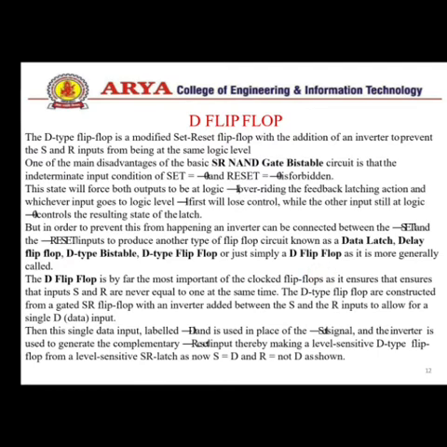Now we will discuss the D flip flop. The D flip flop is a modified form of the SR flip flop. The main disadvantage of the SR flip flop is that when S equals R equals 1, the output is in an invalid state. To prevent this problem, we connect an inverter between S and R to produce another type of flip flop, called a data flip flop, delay flip flop, or D flip flop.